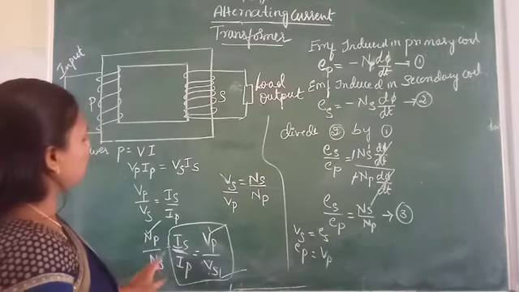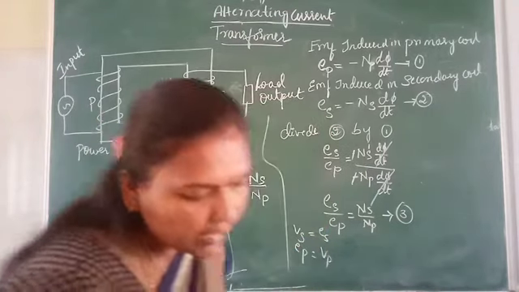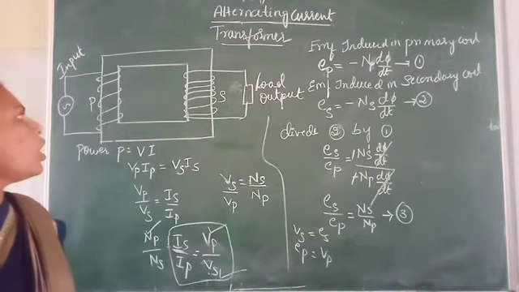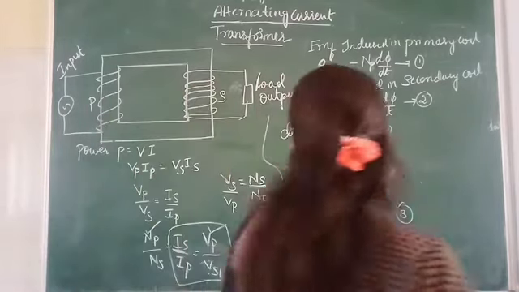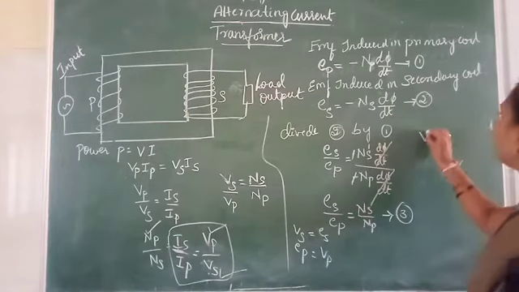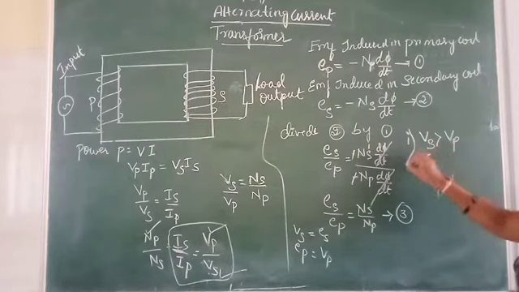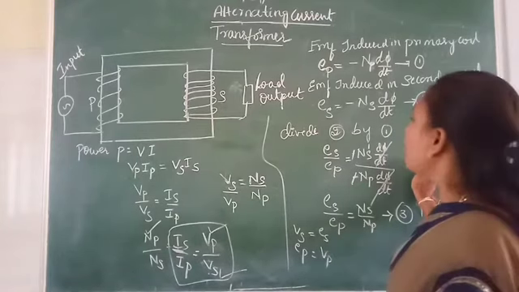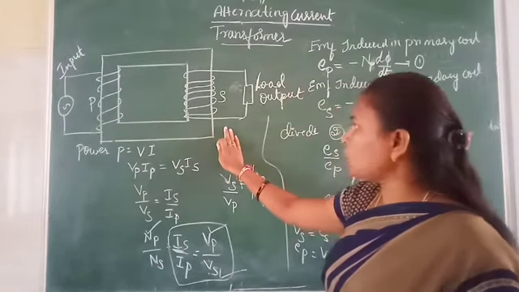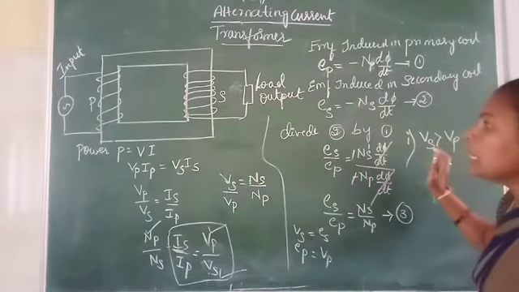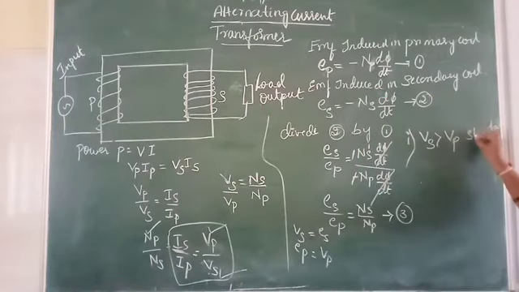NP by NS is equal to IS by IP is equal to VP by VS. So here we can explain the cases of step up and step down. Case 1: when Vs is greater than Vp, that is, the voltage in the secondary coil is always greater than the voltage in the primary coil, at that time we call it a step up.